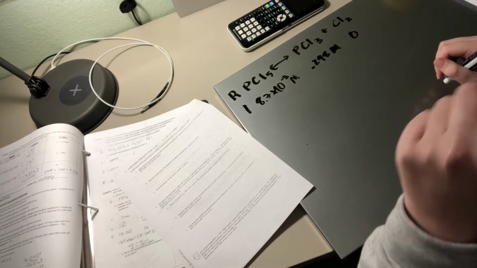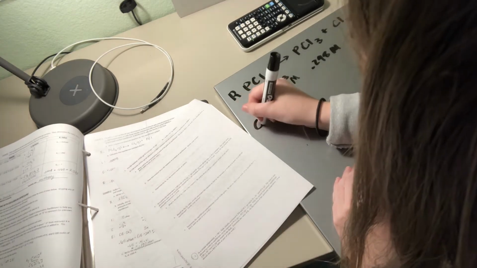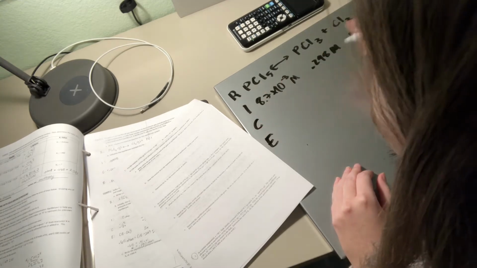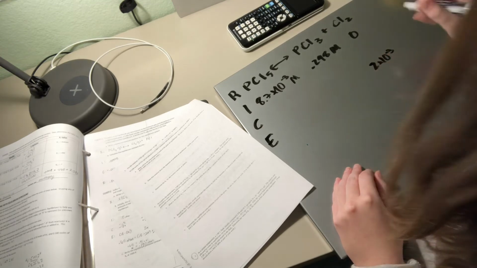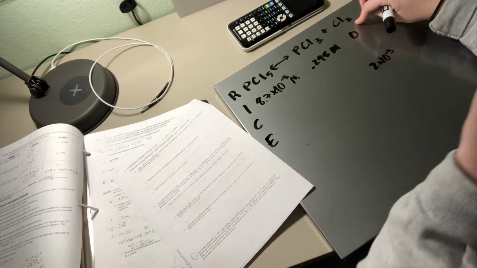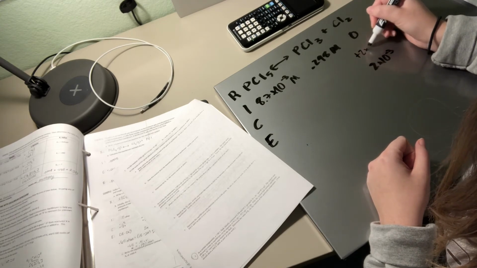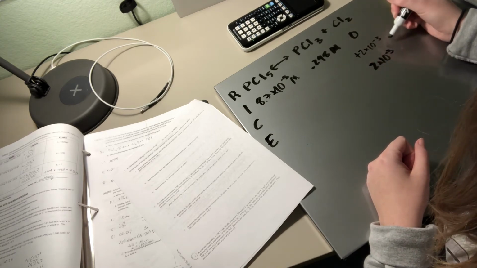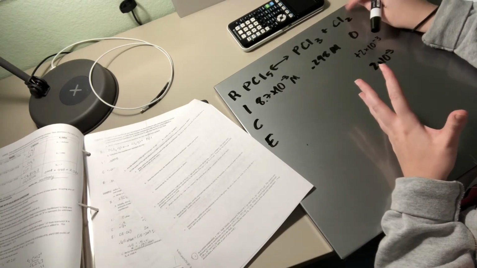Okay, and then it says at equilibrium we had 2 times 10 to the negative third of this chloride. That means we had to gain 2 times 10 to the negative third moles of chloride.